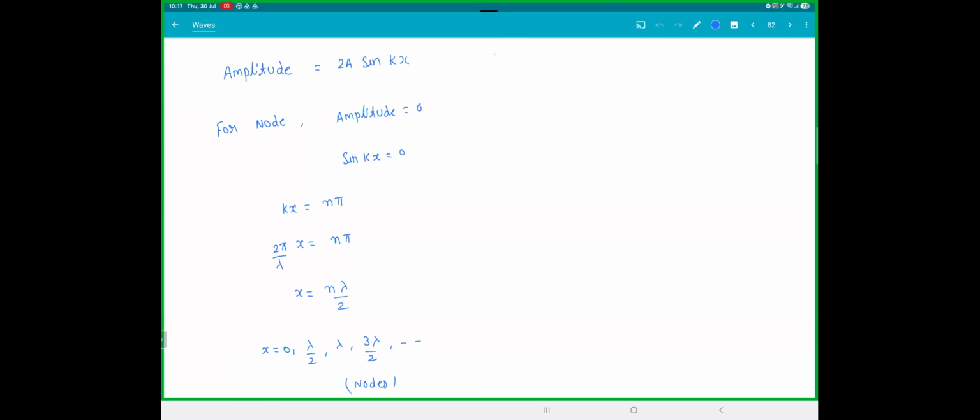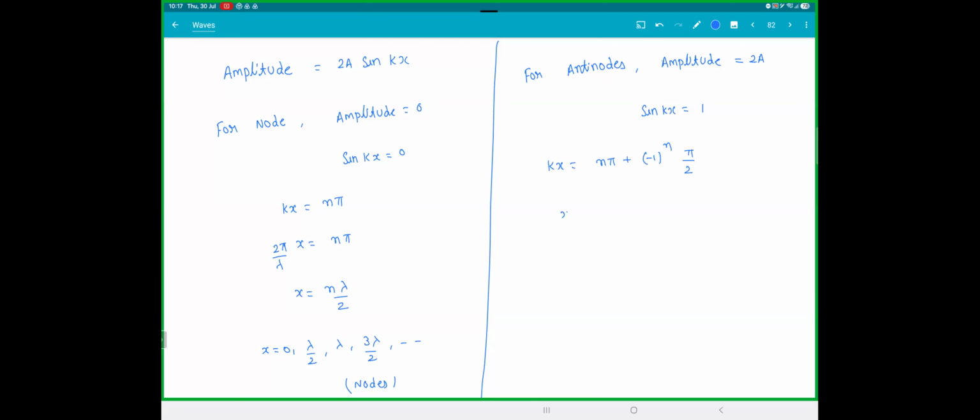So these are nodes. For antinodes, the amplitude is maximum, 2A. So we get sin kx is equal to 1. kx must be equal to (2n+1)π/2.